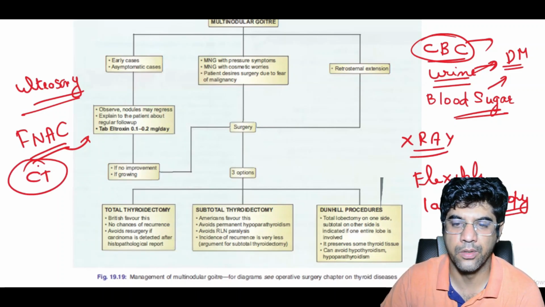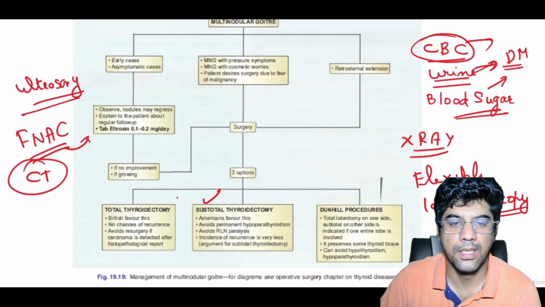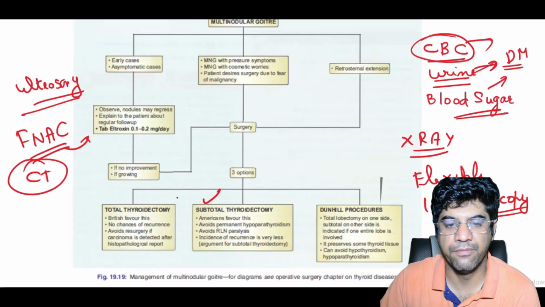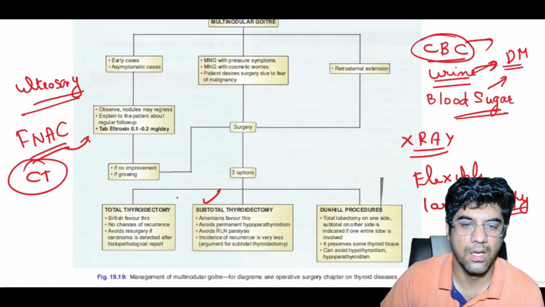Along with that, you can do a flexible laryngoscopy. That would help you to evaluate the vocal cord mobility, which is important before the surgical procedure to prevent damage to the recurrent laryngeal nerve. Apart from that, ultrasonography can be done.